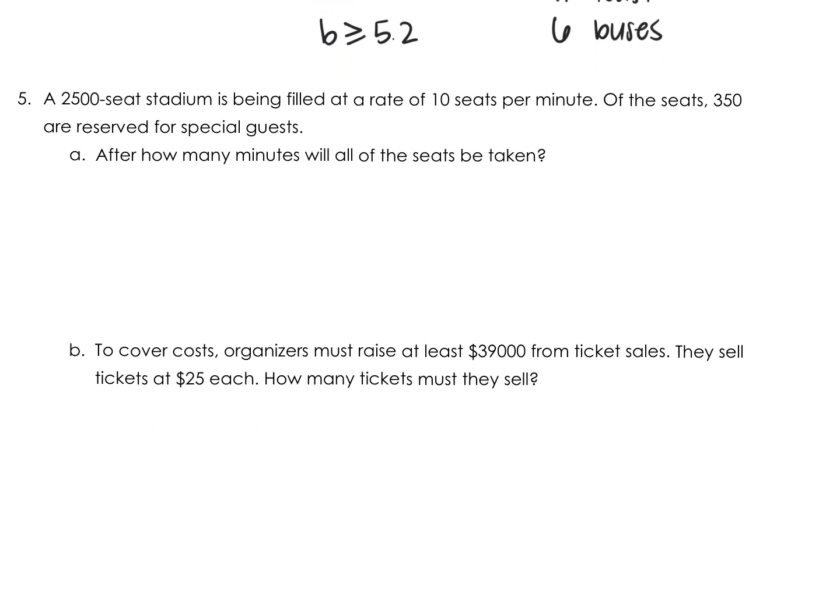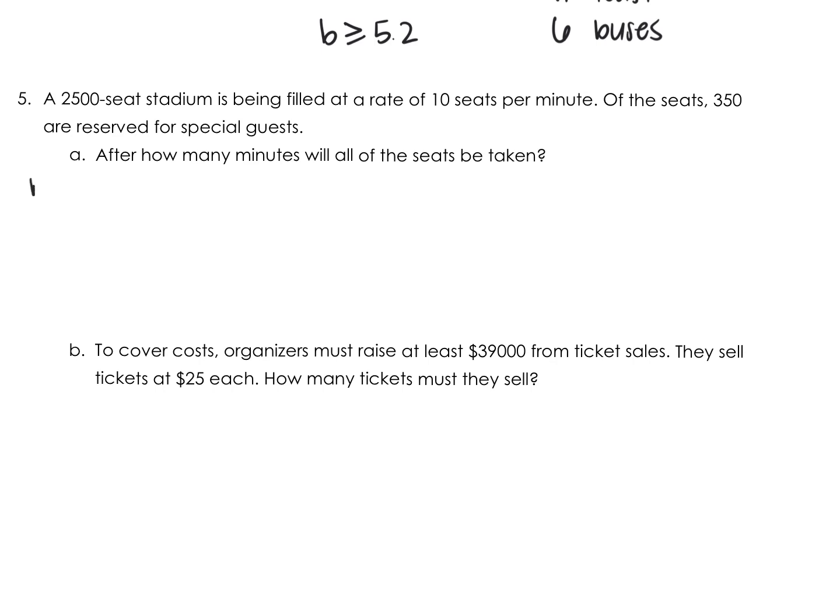For our last example, we're going to look at 2 different things. So we have that a 2,500 seat stadium is being filled at a rate of 10 seats per minute. Of the seats, 350 are reserved for special guests. So A asks us, after how many minutes will all of the seats be taken?